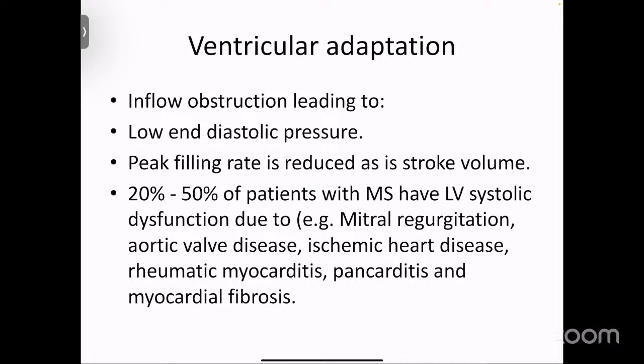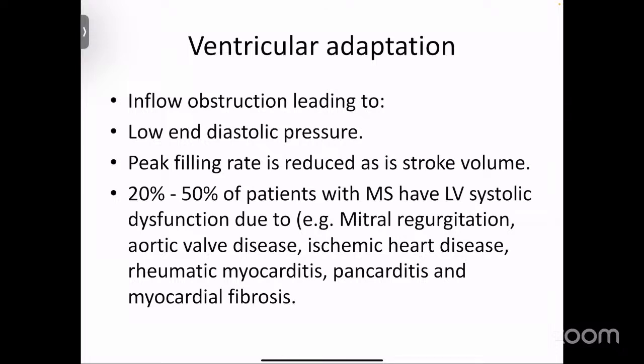Now, the left ventricular diastolic volume can be normal in patients with mitral stenosis. However, the end diastolic pressure is low.